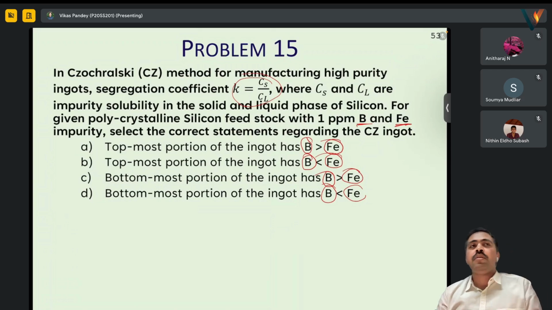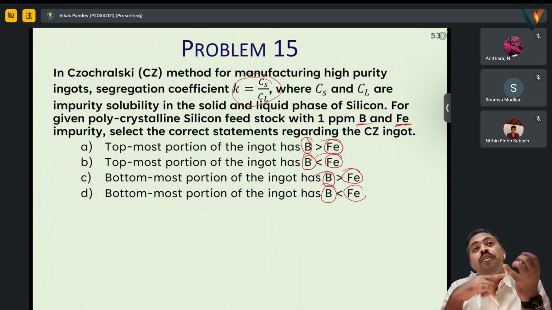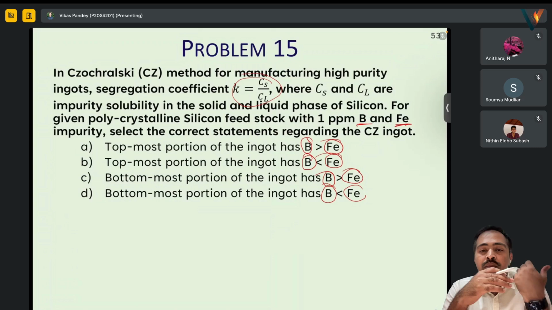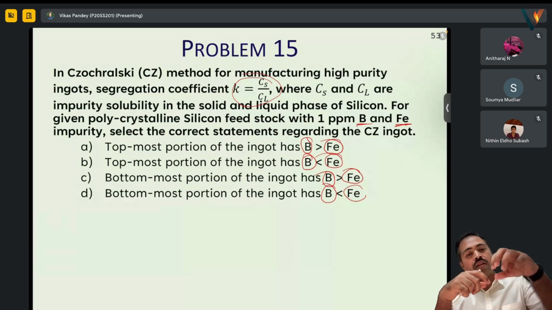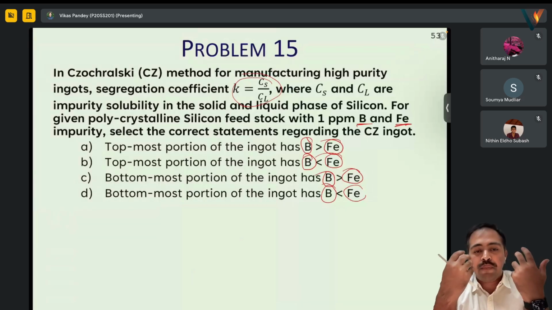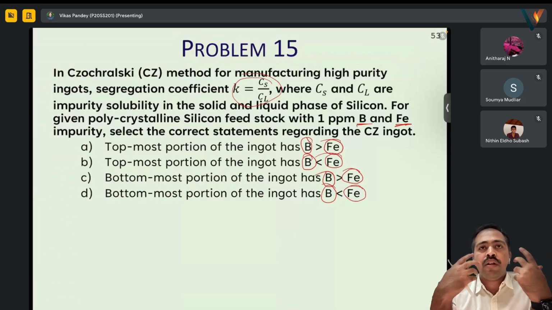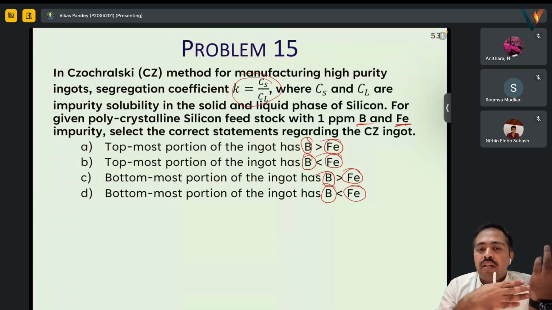Okay. Remember we talked about how dopants have more solubility in the crystal and metals have less solubility in the crystal, right? They are more soluble in the liquid phase. So you can think that in the topmost portion boron will be more compared to iron, because by that time the concentration in the stock itself is high and equal for both of them, so boron will go more into the crystal.